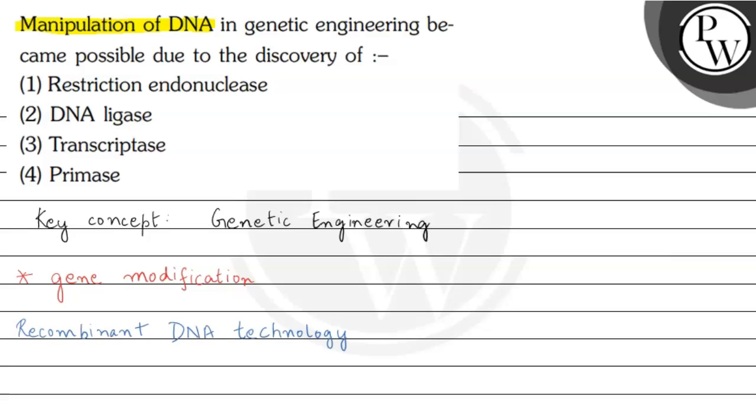And therefore, with the help of this technology, we can create something called recombinants. So recombinant DNA is that DNA which involves the DNA of two different species. So एक recombinant DNA में दो different species के DNA present होते हैं, तो उसको हम लोग recombinant DNA बोलते हैं.